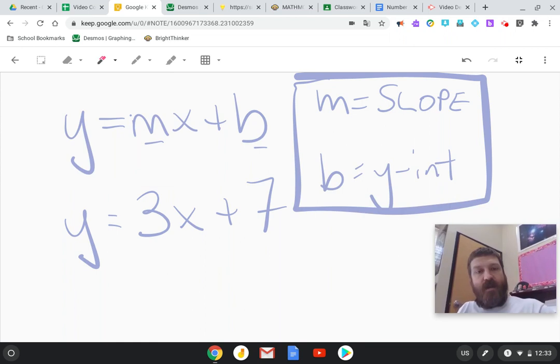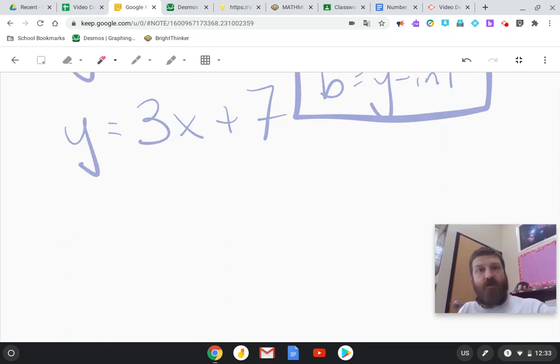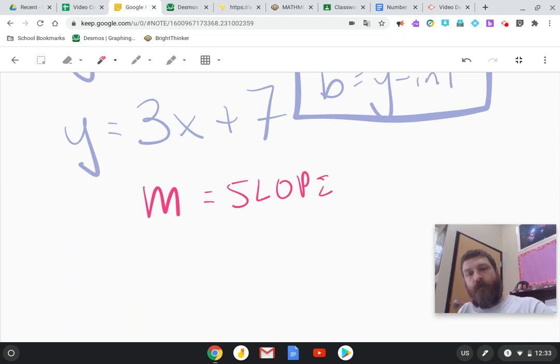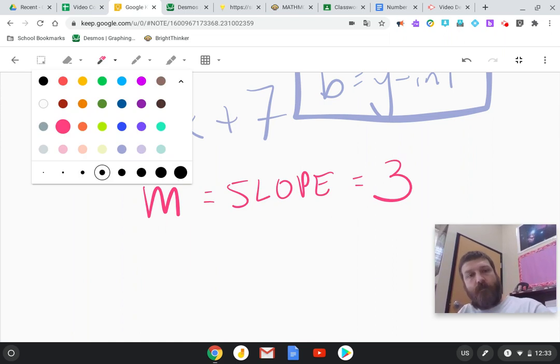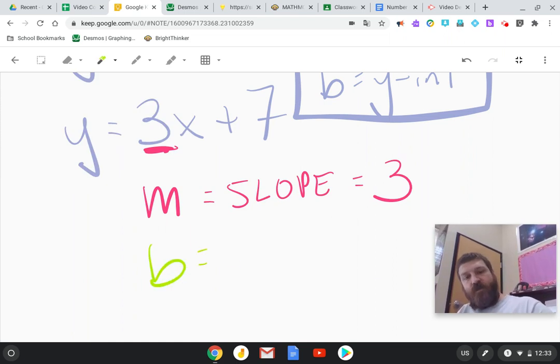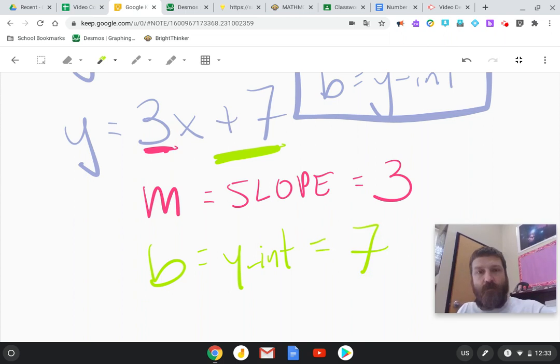So just by looking at this equation, which was the equation I just graphed, I could have known that the slope, or the m, equals 3, that's coming from here, and the b, which is the y-intercept, is equal to 7, that's coming from right here. If this was minus, that would be a negative answer.